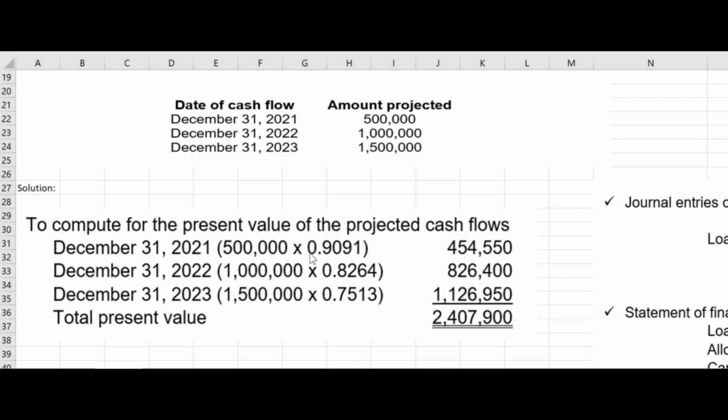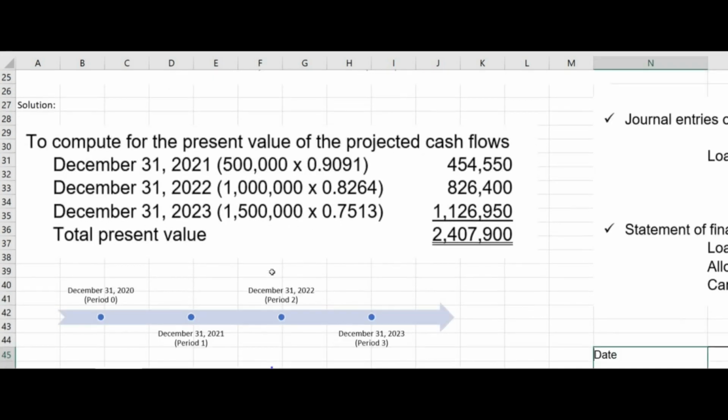These factors are computed as 1 plus i, in this case that's 10%, so 1.10 raised to the power of negative 1. So, the factor is 0.9091.